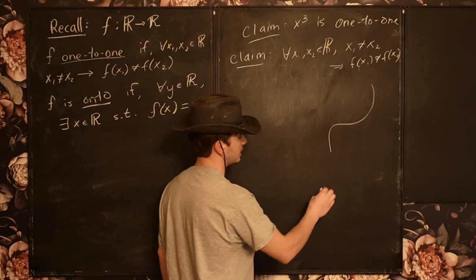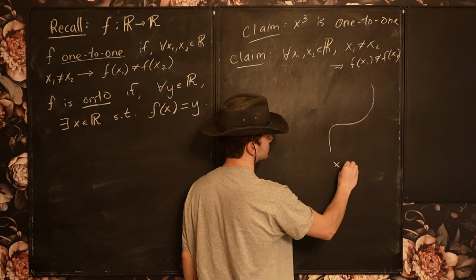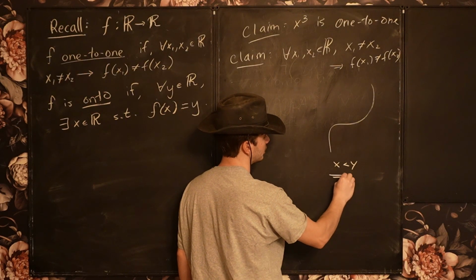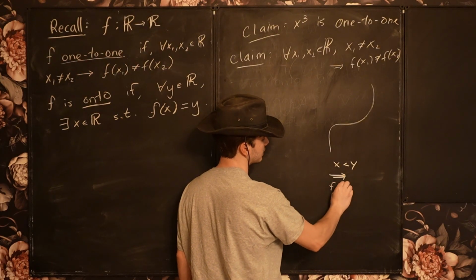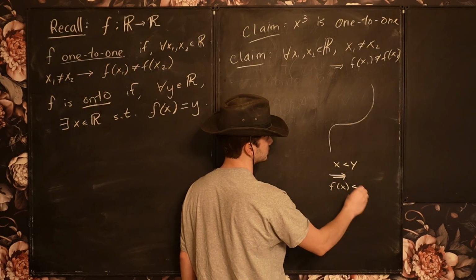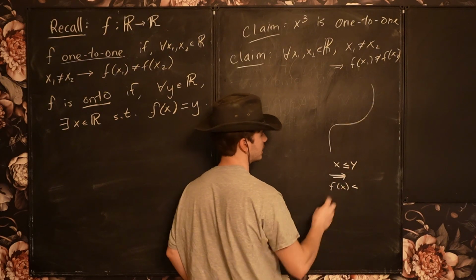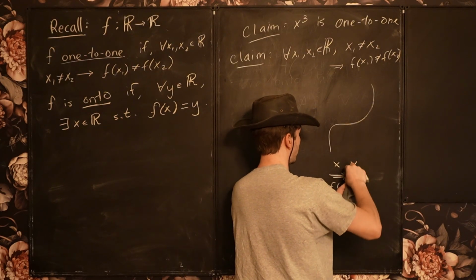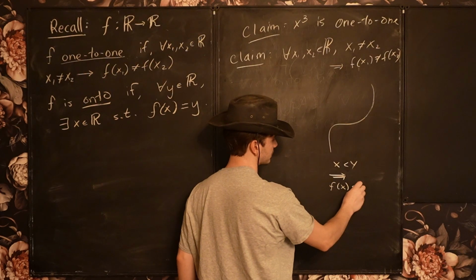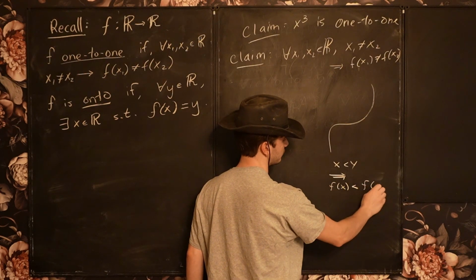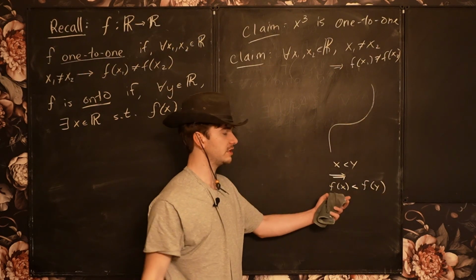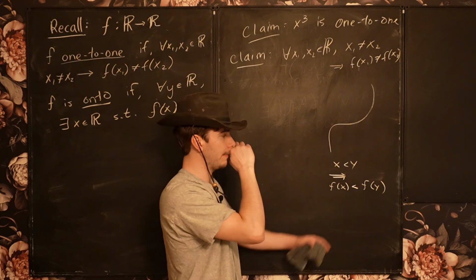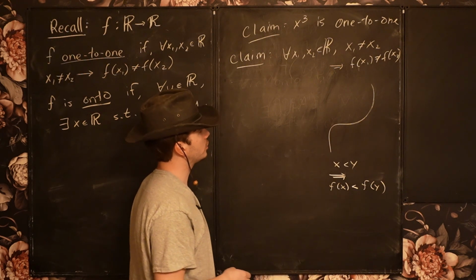Okay, so strictly increasing means that x less than y implies f of x is still strictly less than f of y. And this is the definition of strictly increasing.